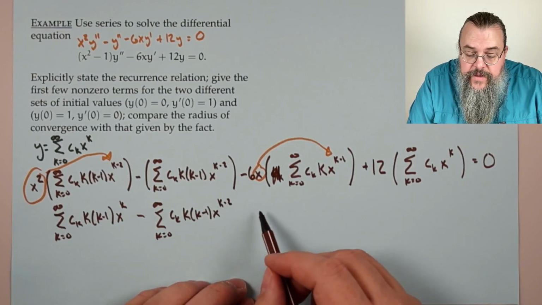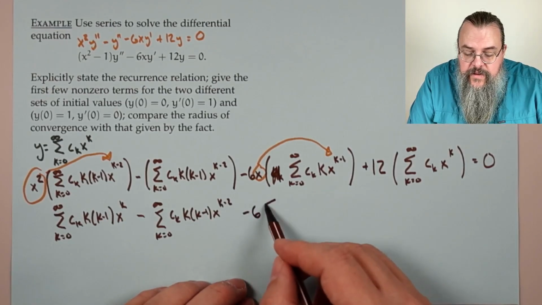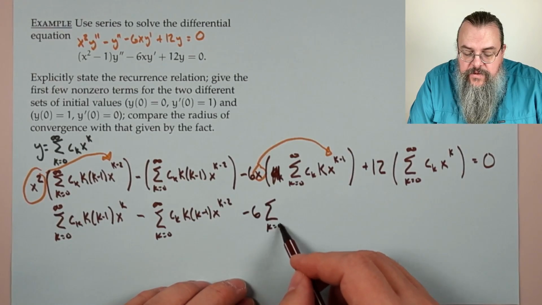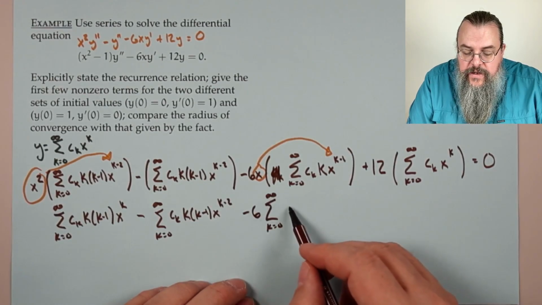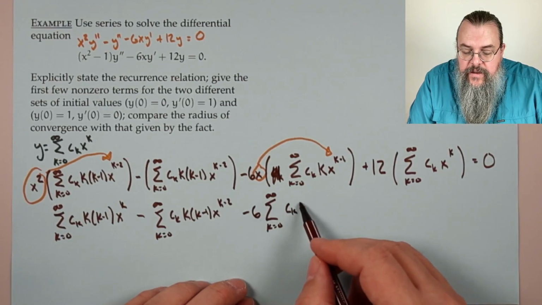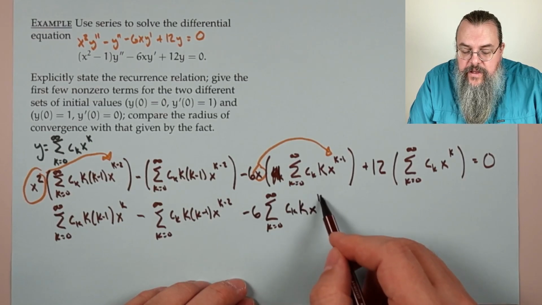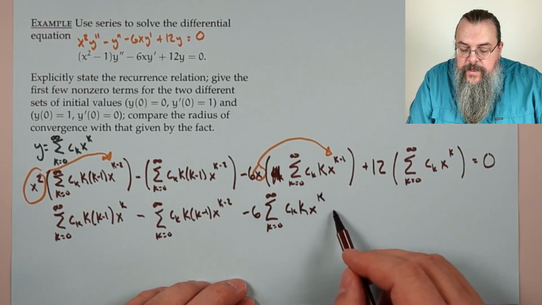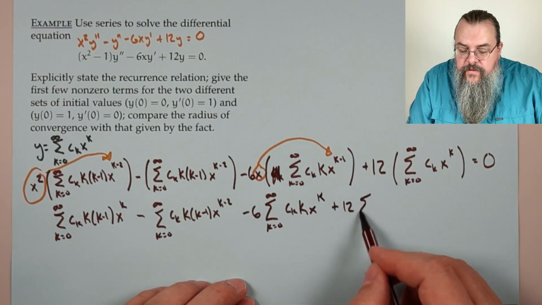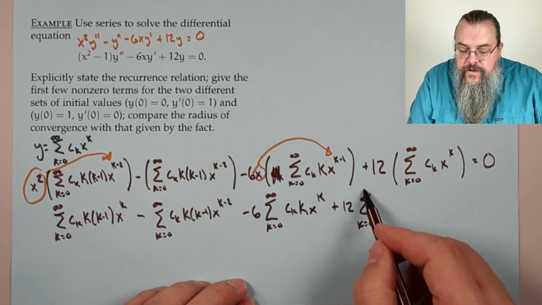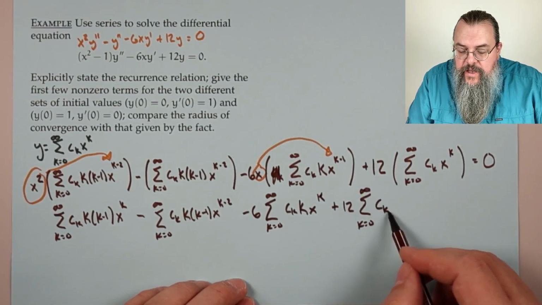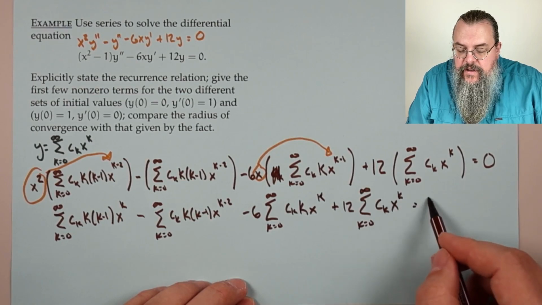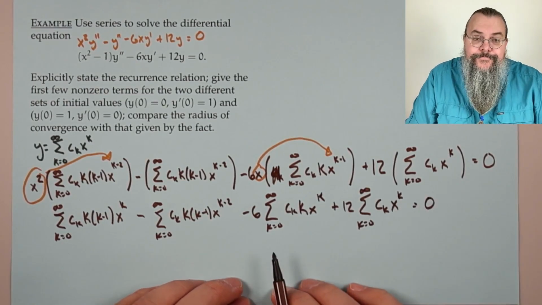Now we have minus 6, sum k equals 0 to infinity of c_k k x^k. And then plus 12, sum k equals 0 to infinity, c_k x^k, and all that equals 0. All right.